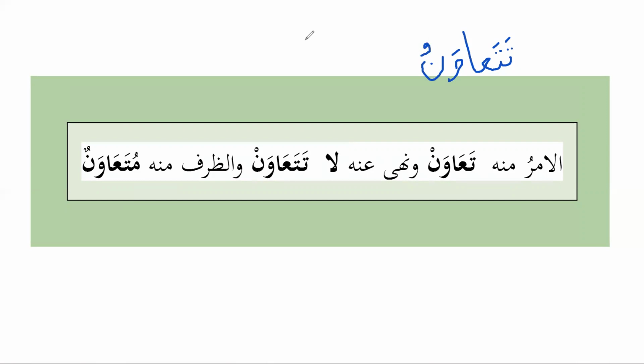We make it majzoom, removing dhamma. We put a sukoon on the last letter, lam kalma, and then we remove the ta also. So now you can see only one ta over here, ta'awan.